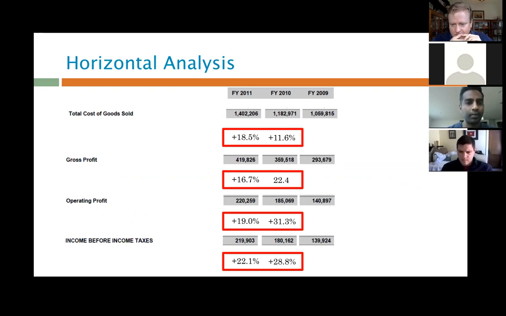So were there some major investments in capital? Did we have to hire a number of administrative personnel, because operating profit slowed its growth from the last couple of years? These are the types of questions that horizontal analysis allows you to start asking and answering in a strategic way.